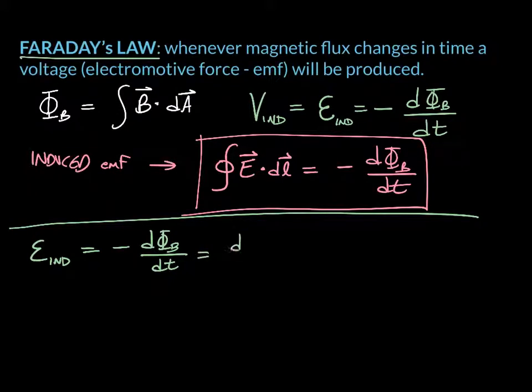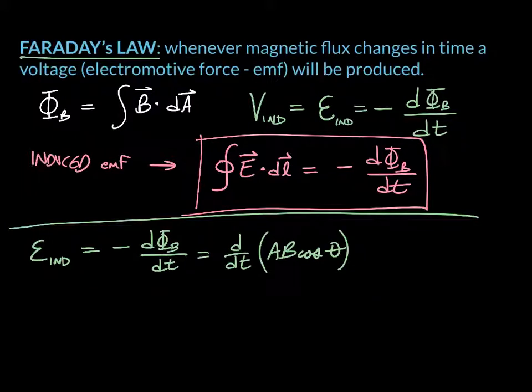That would be the time derivative of AB cosine theta. Now, where do I get that from? From the dot product. Okay? We went over this with Gauss' law, so I'm expecting that you'll remember from Gauss' law. If not, go back and look at that again. So the flux equation, the integral of B dot dA will be AB cosine theta.